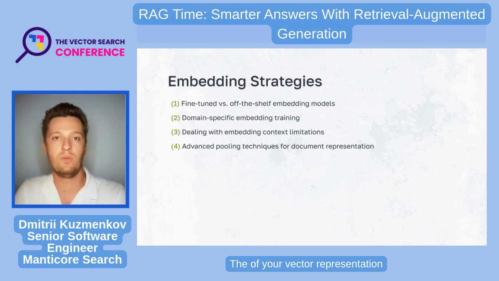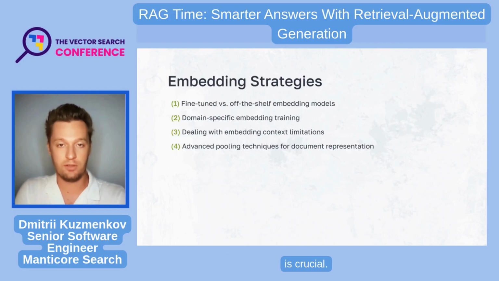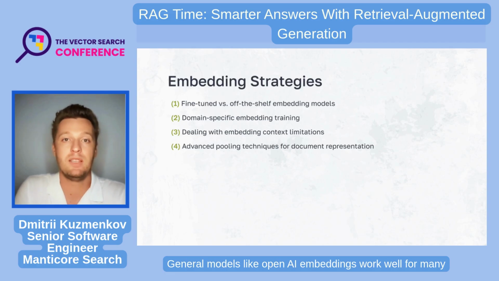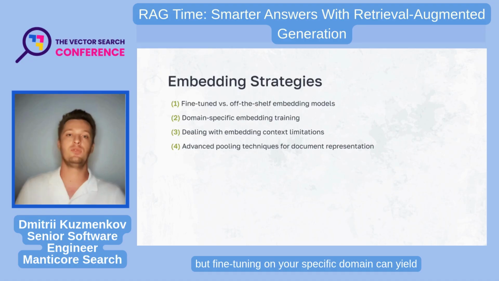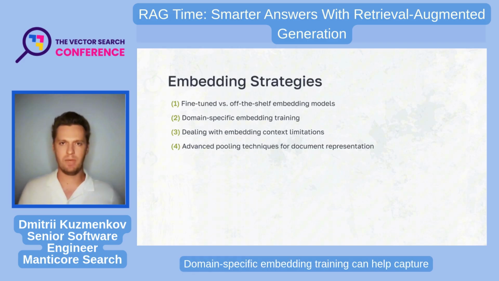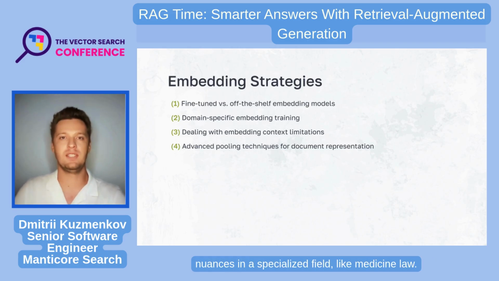The quality of your vector representations is crucial. Consider fine-tuning versus off-the-shelf embedding models. General models like OpenAI embeddings work well for many cases, but fine-tuning on your specific domain can yield significant improvements. Domain-specific embedding training can help capture nuances in specialized fields like medicine or law.